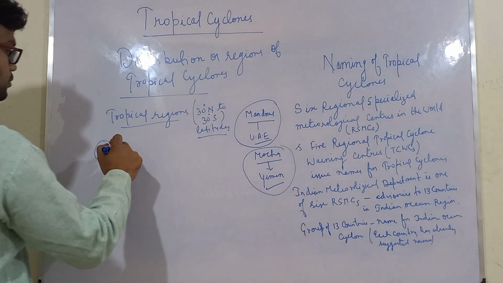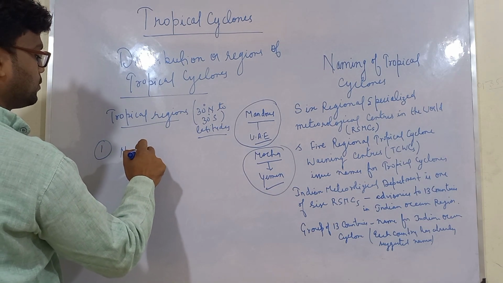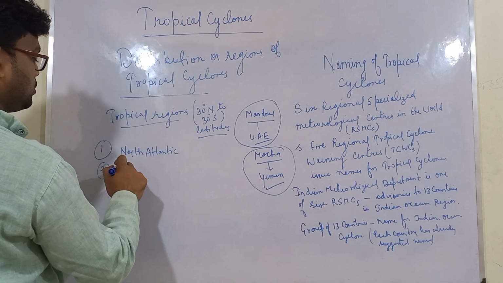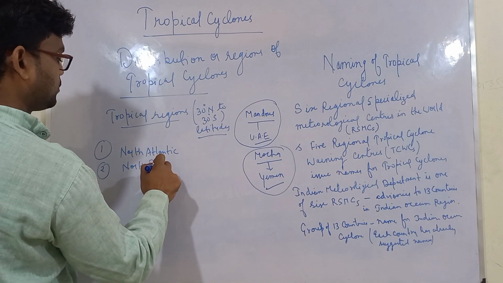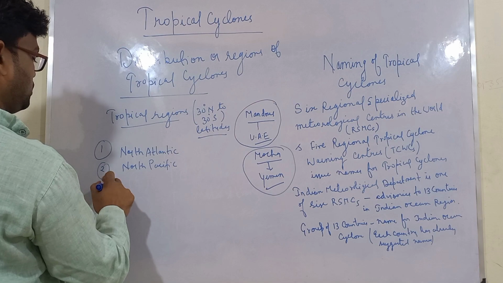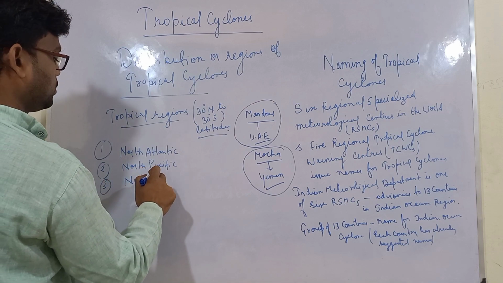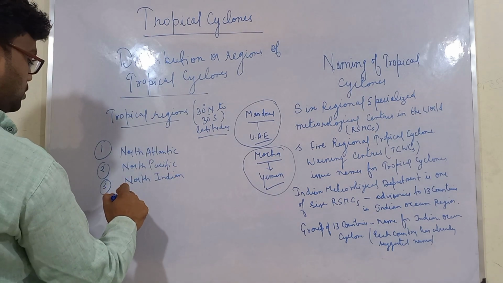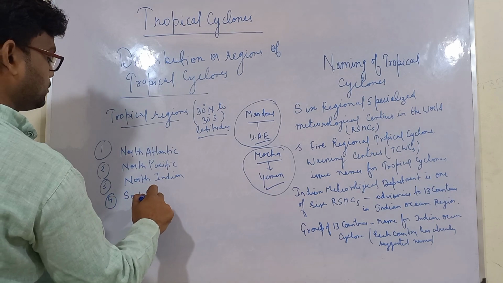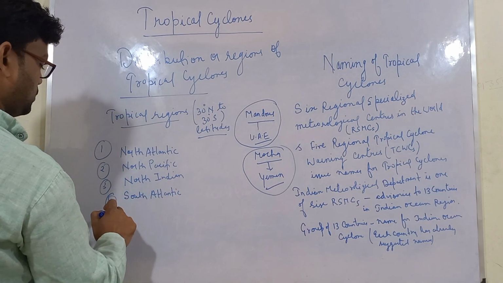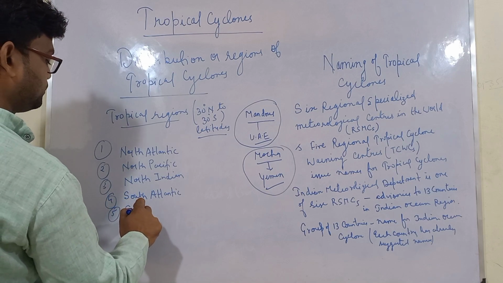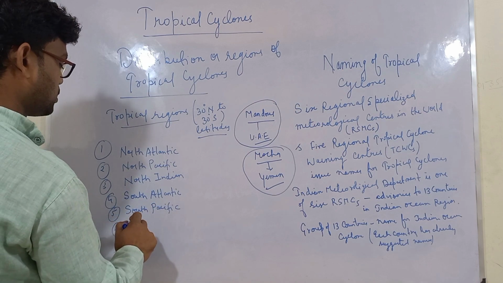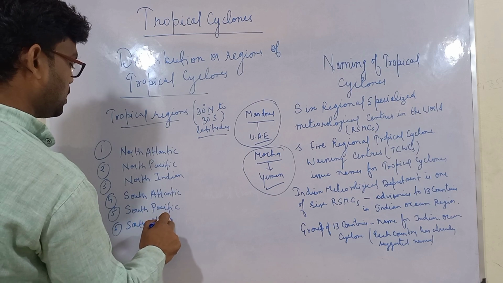First one is North Atlantic, second one is North Pacific, third one is North Indian Ocean, fourth one will be South Atlantic, fifth one will be South Pacific, and sixth one will be South Atlantic.